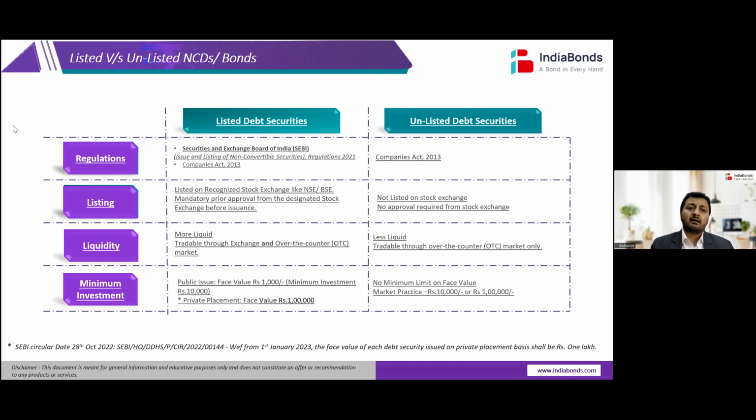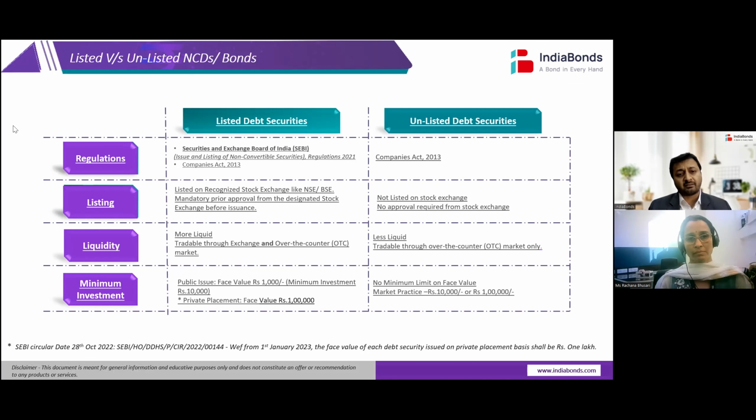Coming to the listing, it's self-explanatory whether it is listed on the NSE or BSE platform. It is important for every listed instrument to take prior approval from the designated stock exchange, whereas unlisted bonds are not listed on the exchange and no such approvals are required from the stock exchange.